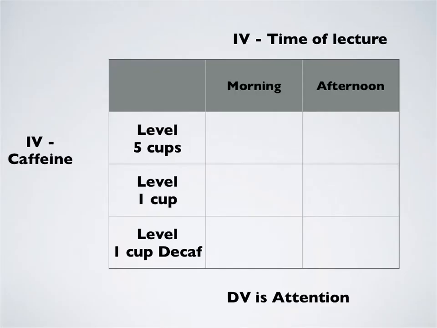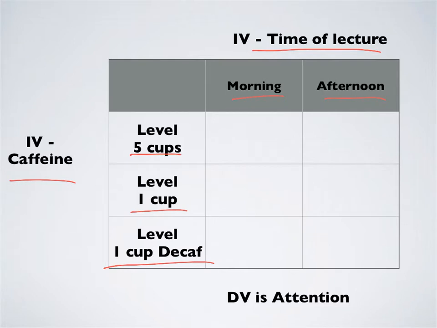Now, just to help illustrate what conditions and levels would look like in a more complex experiment, remember, a simple experiment only has one IV. Here's an example with 2 IVs, right? We have caffeine and time of lecture, with morning and afternoon as the levels for time of lecture, and 5 cups, 1 cup, and decaf for caffeine.